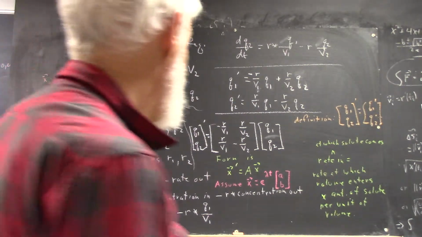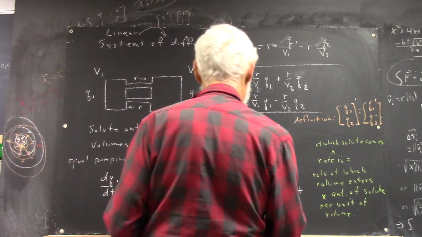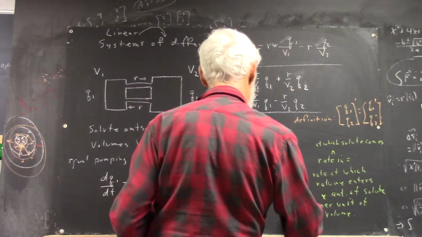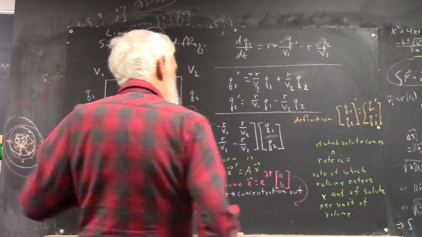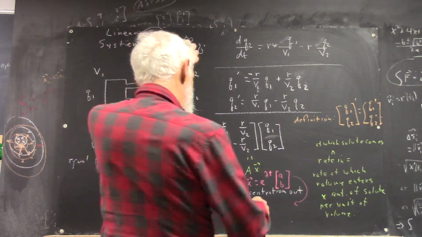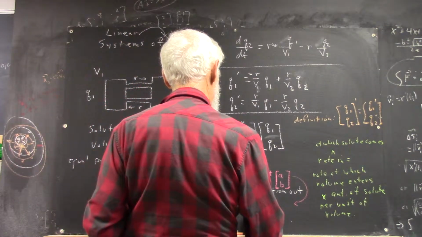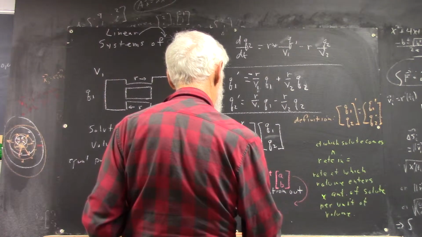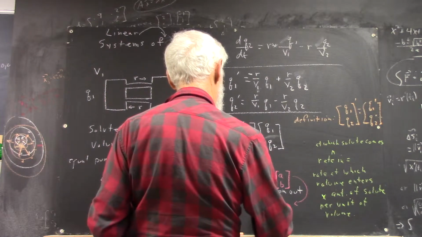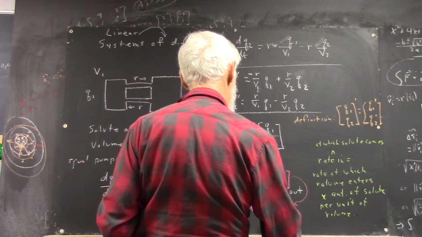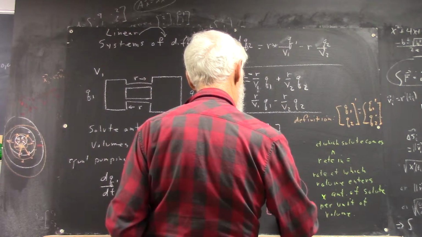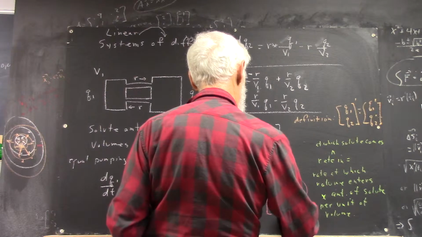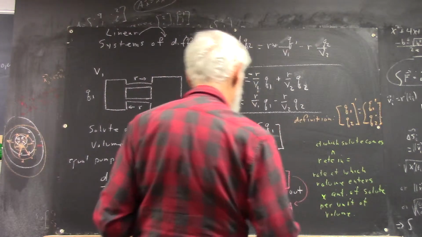Because x prime becomes, leave myself room to get around that arrow.